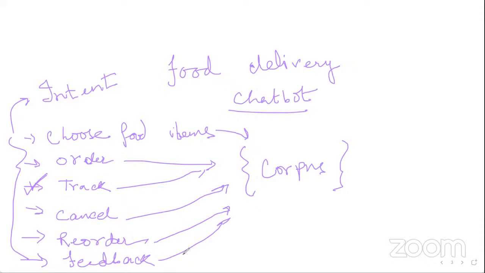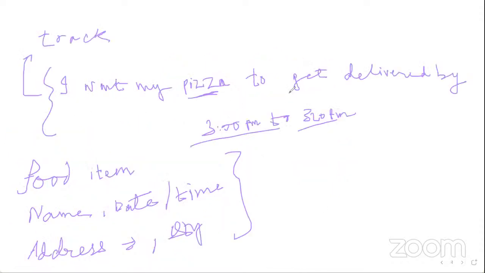So this model, whatever we have seen, is basically not using a transformer. They were pretty much using attention based LSTM models. Attention based LSTMs use the sequence vectors to learn about the next set of sequence. For an example, I want pizza to get delivered by 3 p.m. to 3:20.